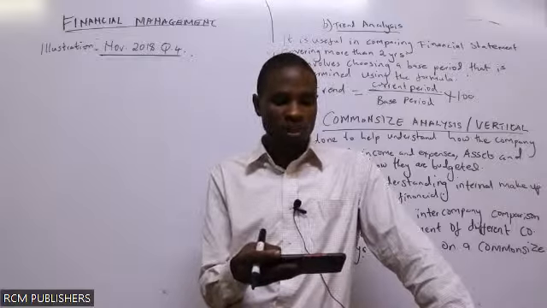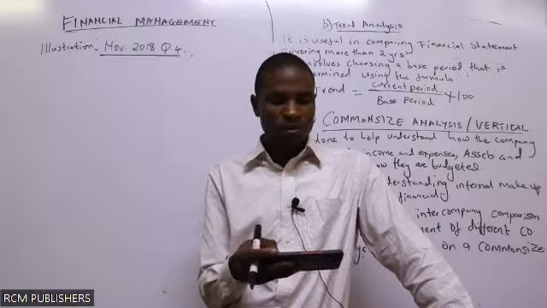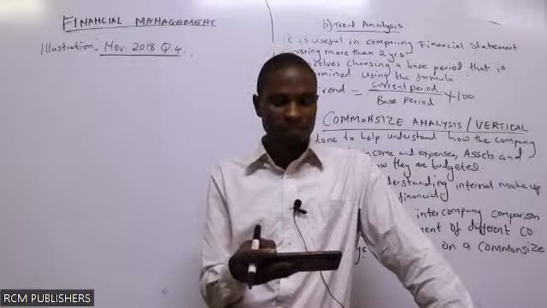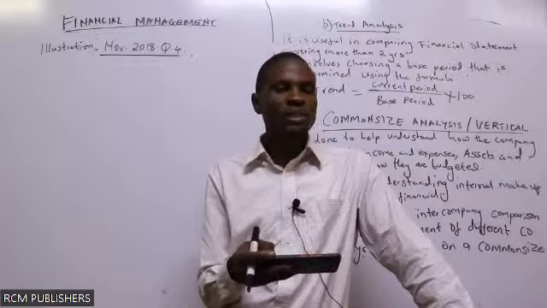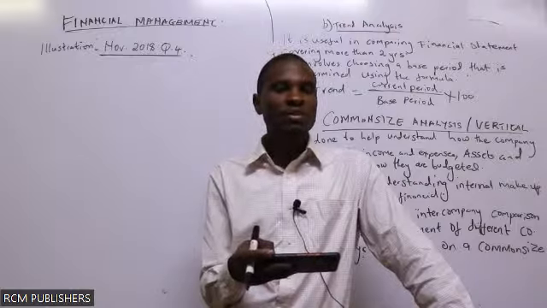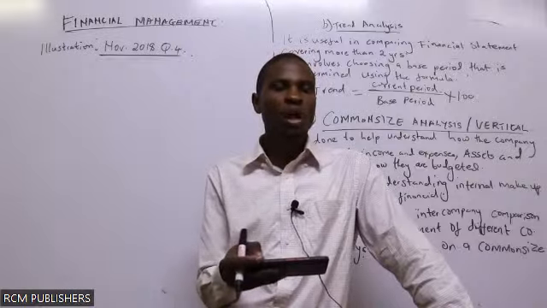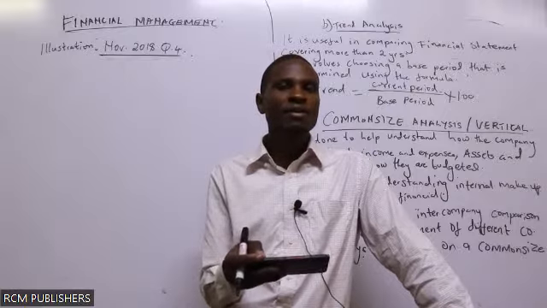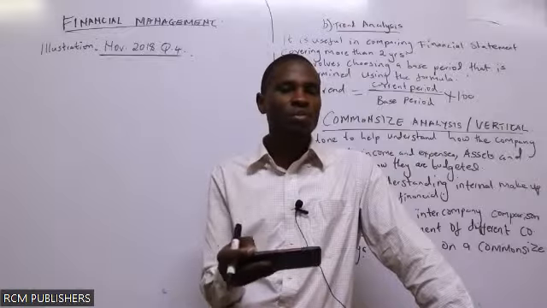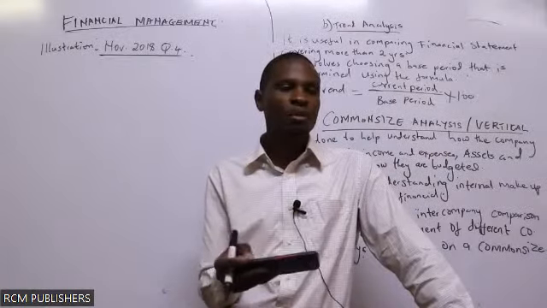The revenue. For ABC, revenue is 4,000, and for XYZ Limited, the revenue is 6,000. For any item from revenue going downward, we shall be dividing by the 4,000 for ABC Limited and 6,000 for XYZ Limited. Then you multiply by 100.